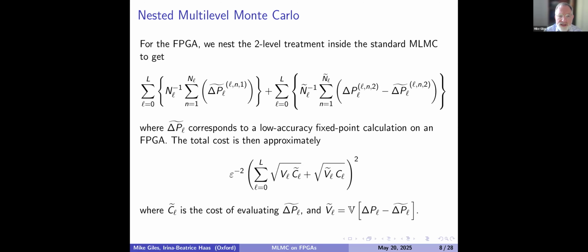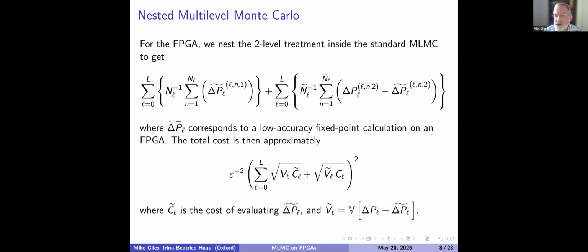We split it into a delta P tilde, which corresponds to a low accuracy fixed point calculation being performed really efficiently on the FPGA. And then the second piece is the difference between the proper, correct delta P and this low accuracy approximation, delta P tilde.